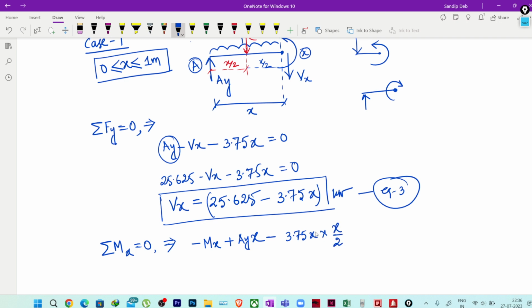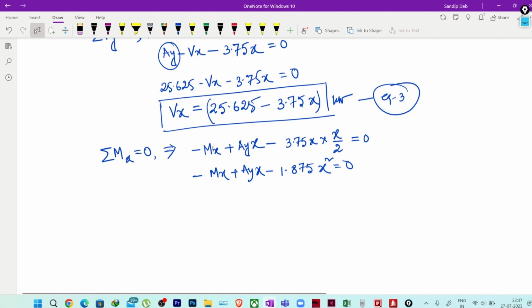So this is my total moment, correct? This equal to 0. So how much are we getting? We are getting minus Mx plus Ay x minus 1.875 x square equal to 0.